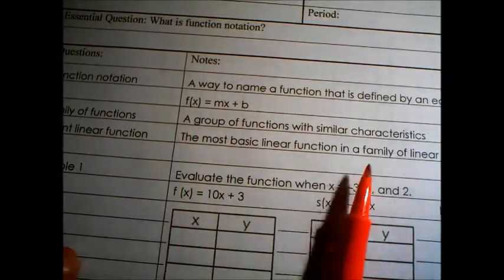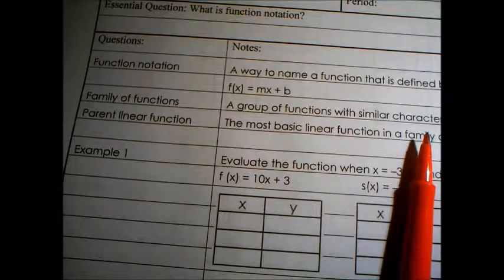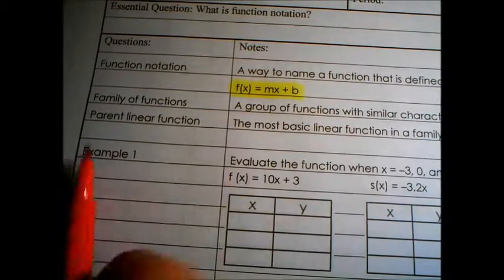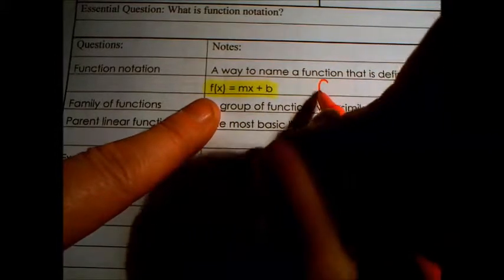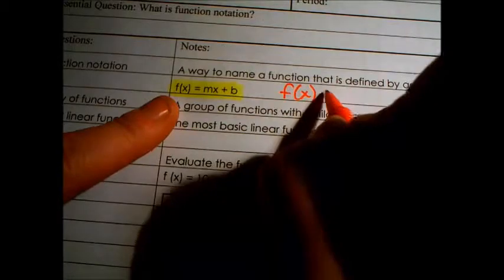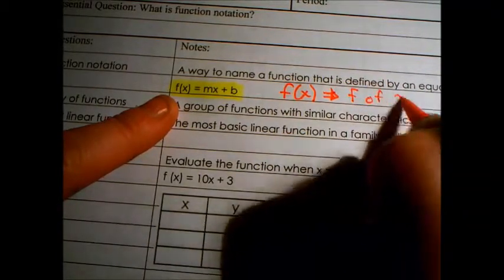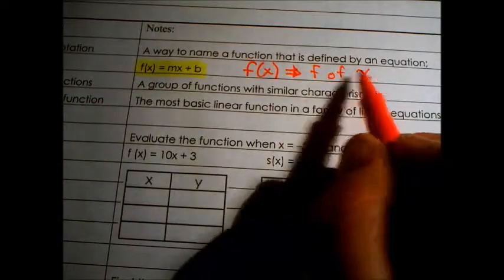Okay, so your function notation here is written right here, and notice this looks like what you had yesterday, the slope-intercept equation, but this time it just has that f parentheses and x. When you have this type of setup, what you say is f of x, which means this is a function of x.